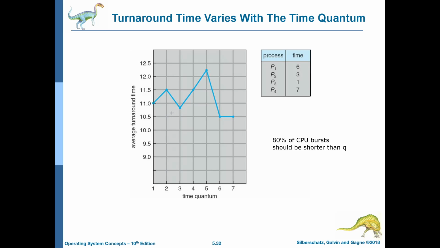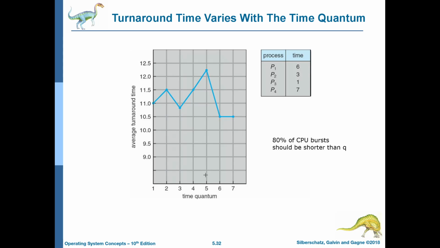And you can see that average turnaround time generally is affected by the length of the time quantum. With a process list such as what we have here, we can see that the average turnaround times actually vary quite widely depending on what the time quantum is.